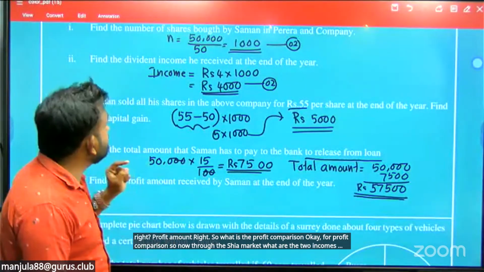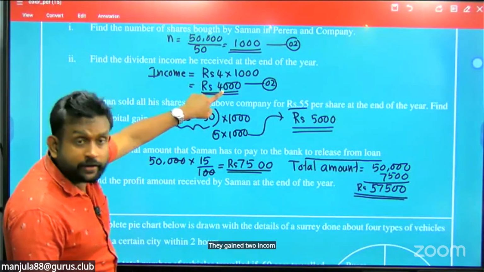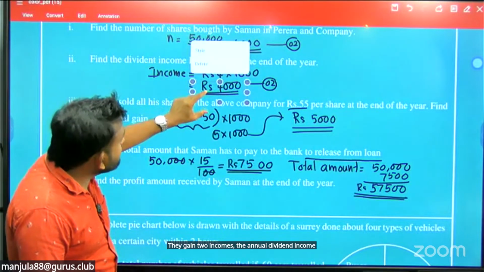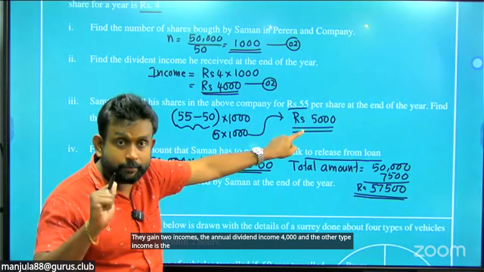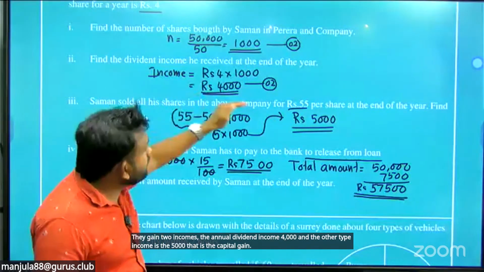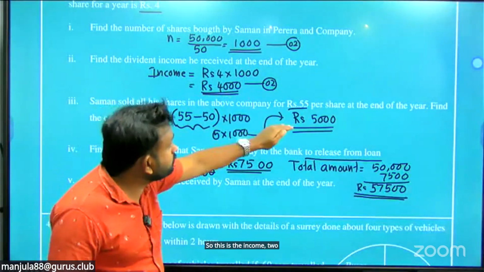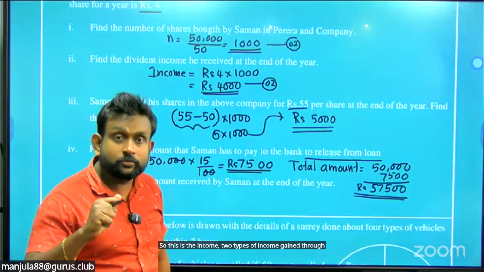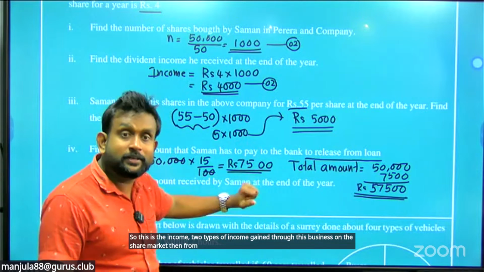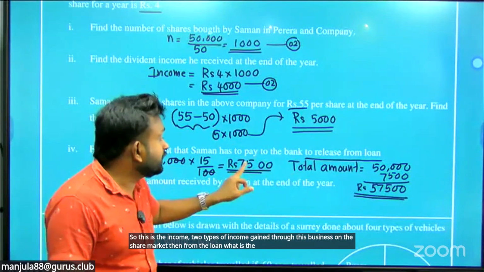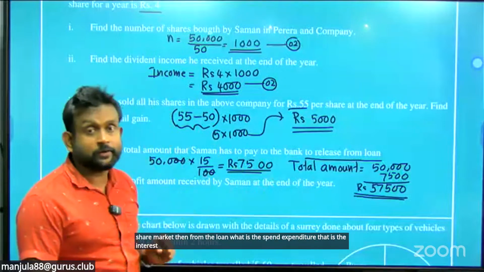They gain two incomes: the annual dividend income 4,000, and the other type of income is the 5,000, that is the capital gain. So this is the income, two types of income gained through this business on the share market. Then from the loan, what is the expenditure? That is the interest paid, 7,500.